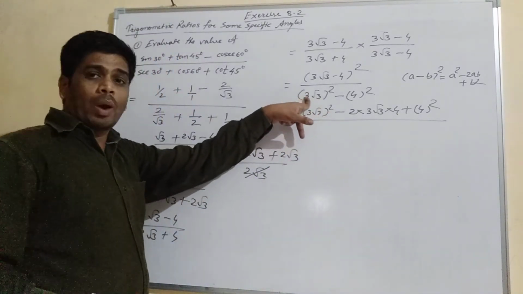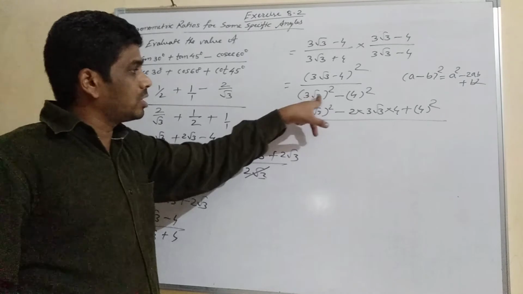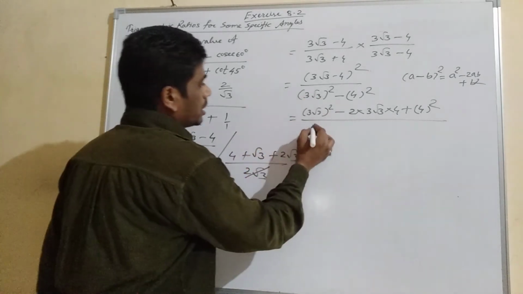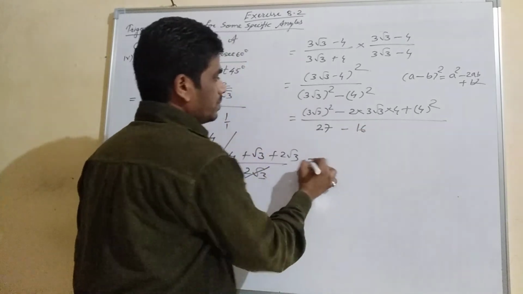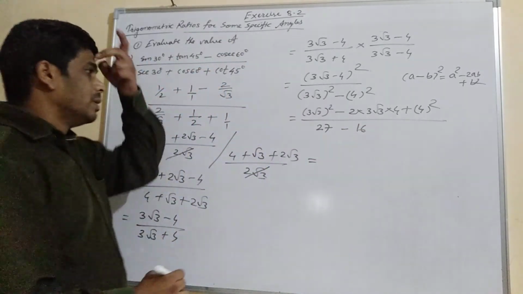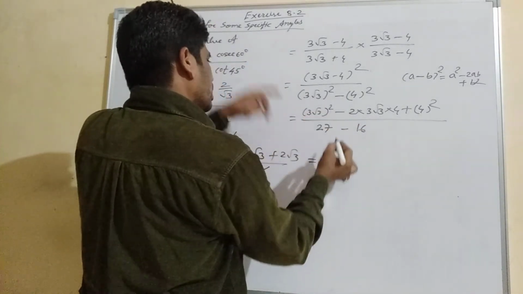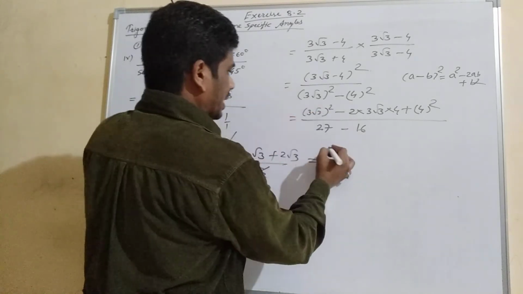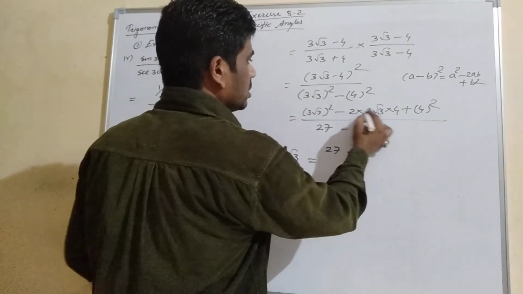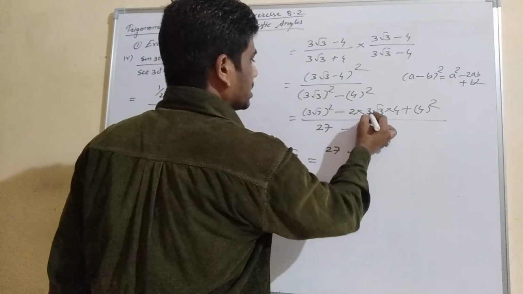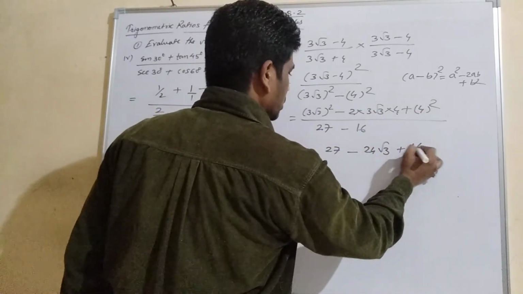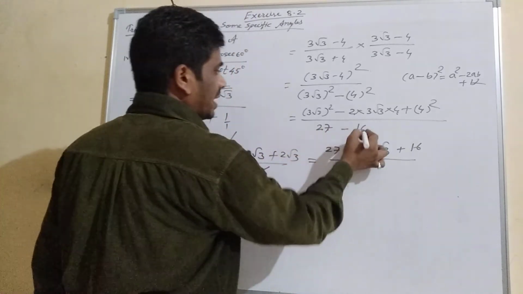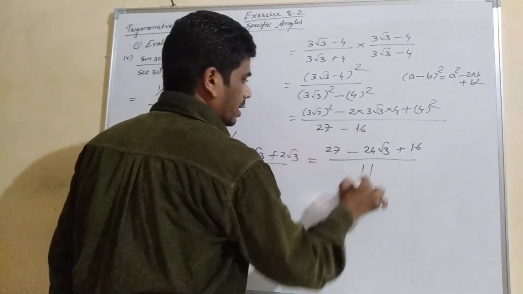So 3 square of 3 will be 9. 9 3s are 27 minus 4 4s are 16, which means we will get here this will be 27. 9 3s are 27 minus, this is 4 2s are 8, 8 3s are 24 root 3 plus 4 4s are 16 upon, this is 27 minus 16, this is 11.